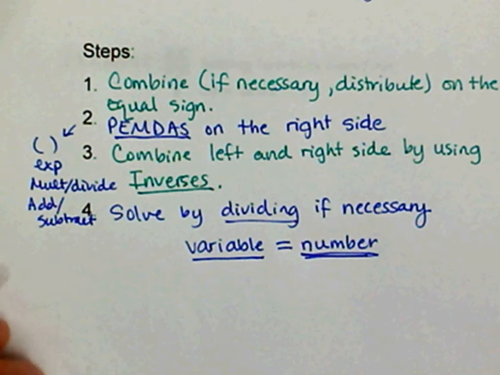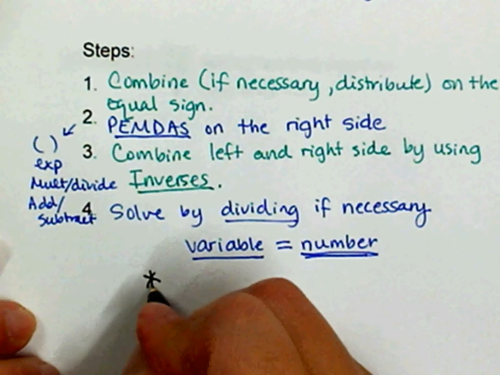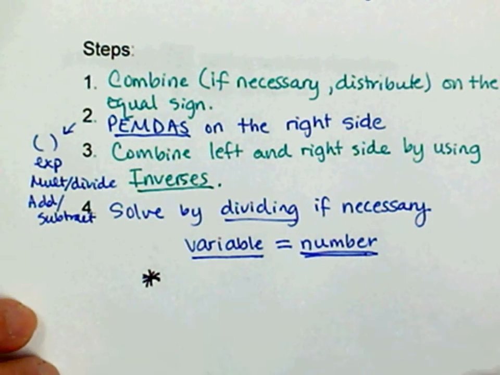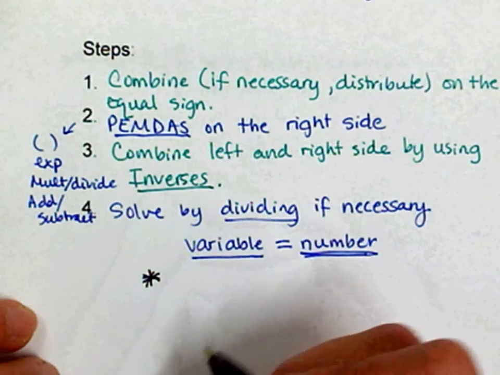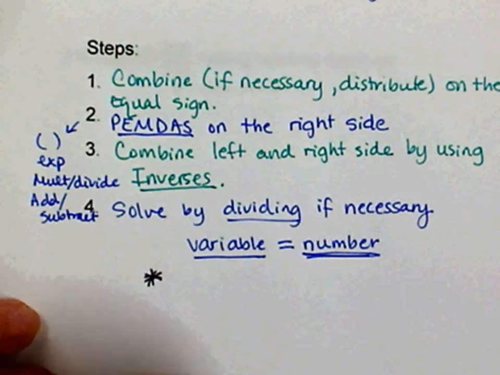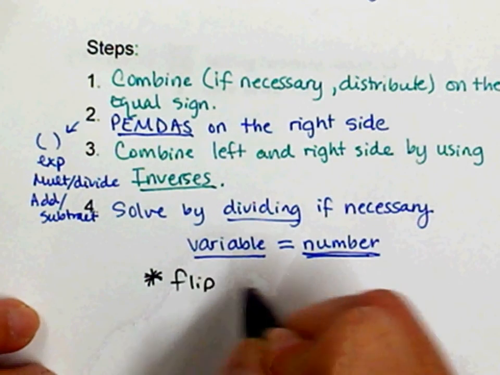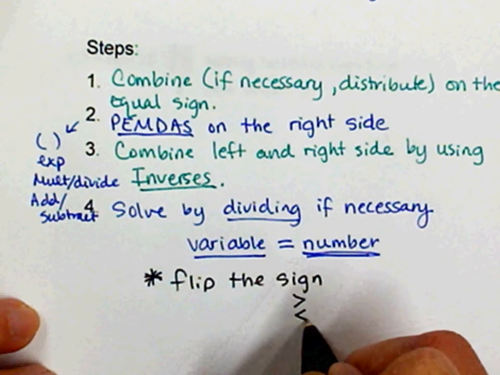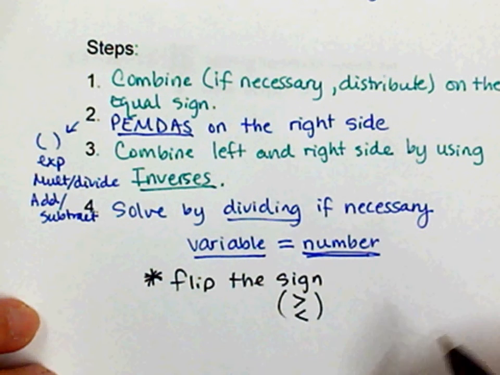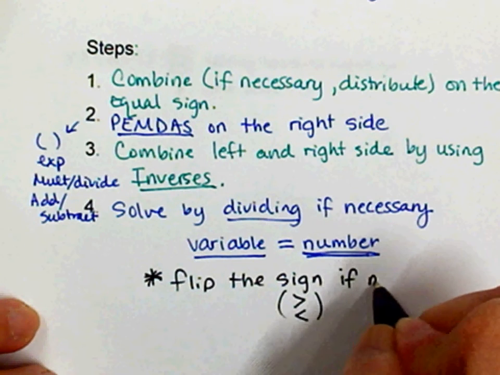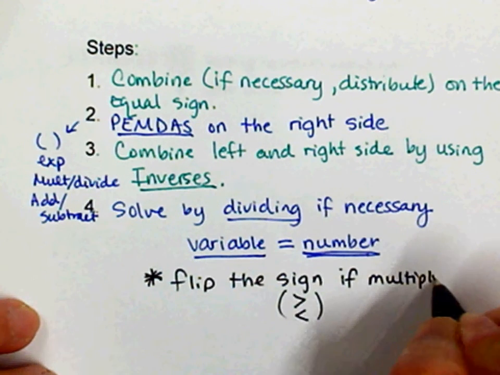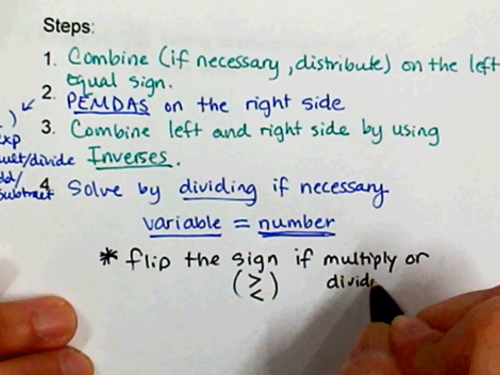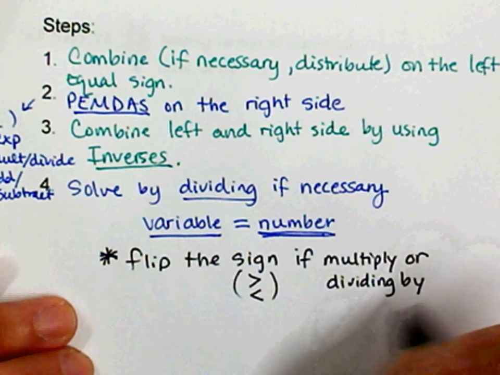Now, make yourself a little note so I can remind you. Flip the sign, your greater than or less than sign. Flip the sign if multiplying or dividing by a what?